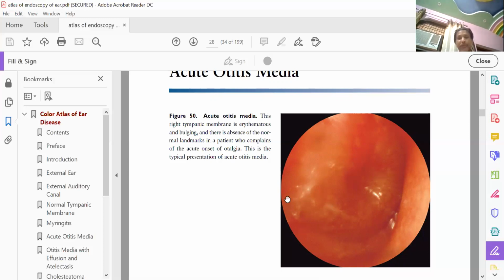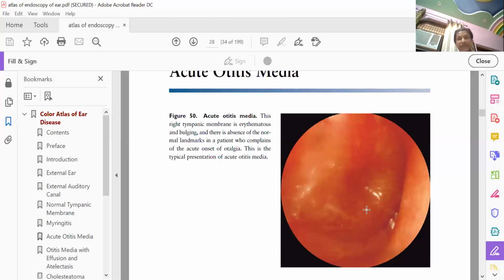So everything which is going on in the middle ear is also going to be expressed or visualized on the tympanic membrane. So giving a good look at the tympanic membrane gives you a good amount of knowledge about what kind of health the middle ear of the patient has.